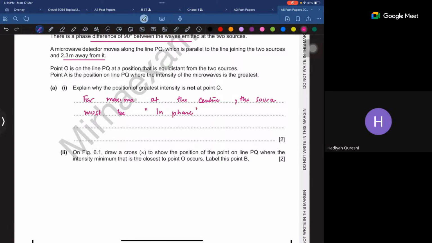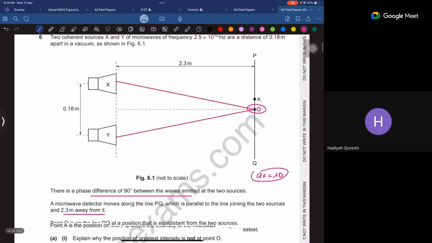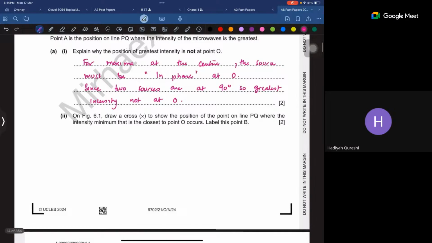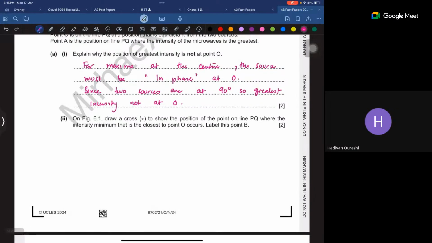In phase basically means 0 degrees or 360, right? At O. So that's the point of it. But here, we're going to say that since the two sources are at 0 degrees and at 90 degrees, the greatest intensity is not at O.